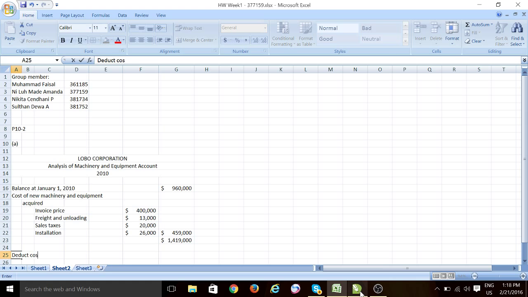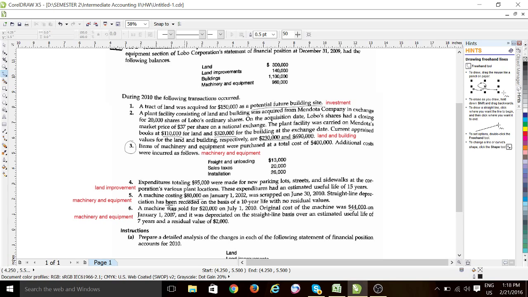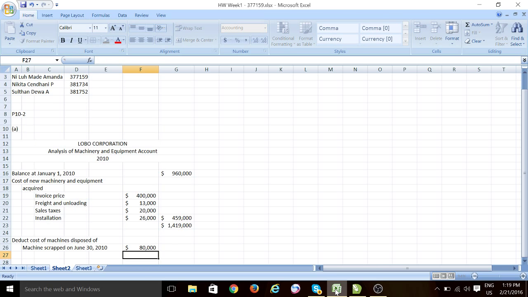Deduct cost of machines disposed of. The first is the fifth transaction, which is the machine scrap on June 30, 2010, which cost $80,000.